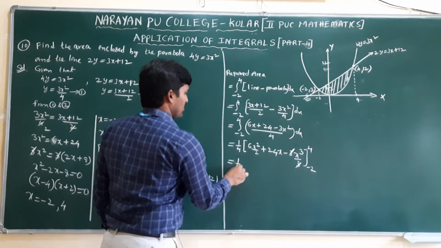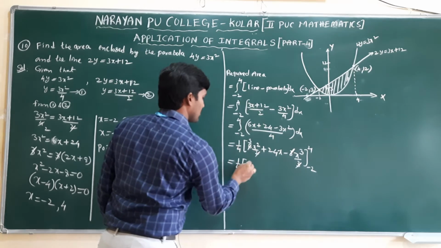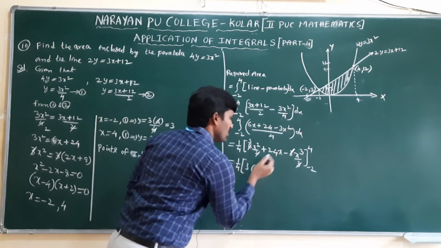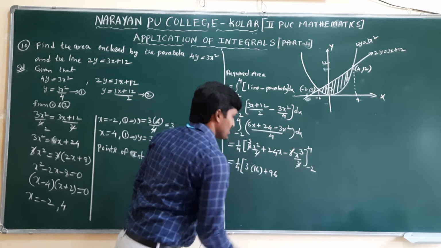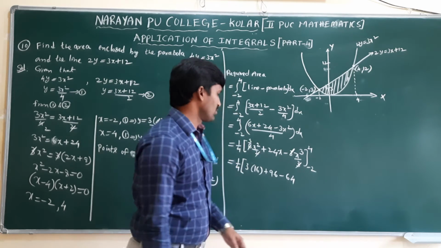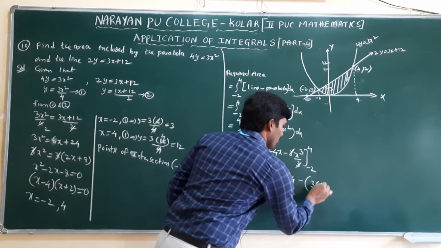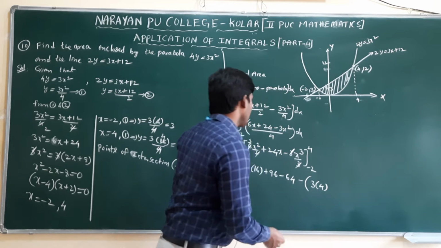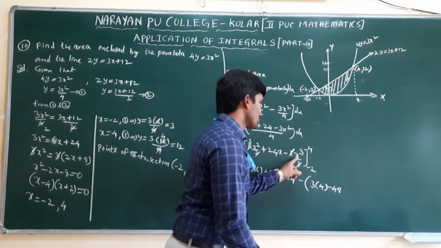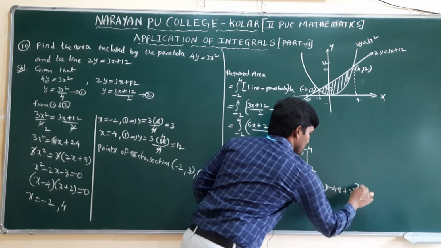Now substitute the upper limit. 6 by 2 means 2 1s are 2, 3s are 3, into 4 square 16; 24 into 4 is 96; minus 4 cube 64; minus the lower limit: 3 into (minus 2) whole square 4; 24 into minus 2 is minus 48; minus 2 whole cube is minus 8, minus of minus, plus 8.